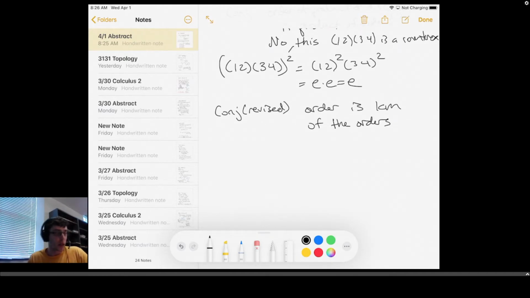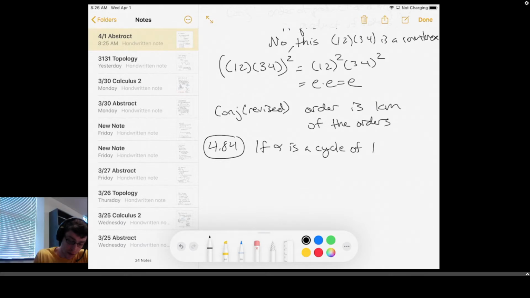Okay, so let's go ahead and prove, this is what, 484, that if alpha is a cycle of length k, then the order of alpha is k.